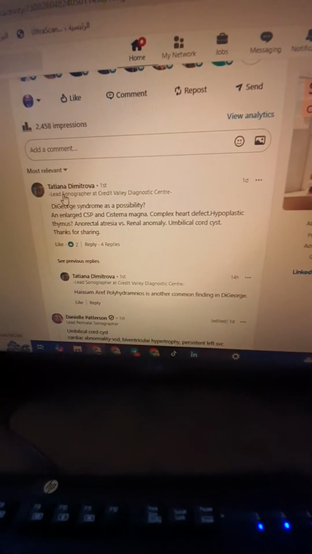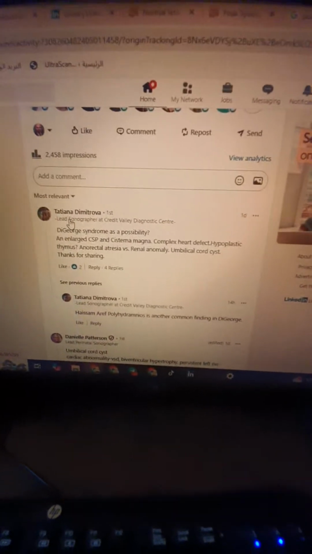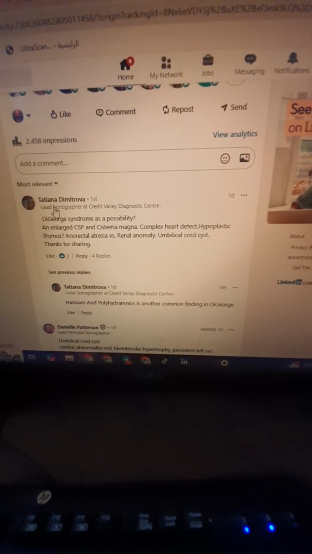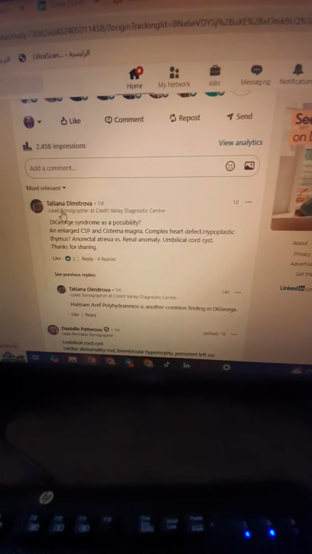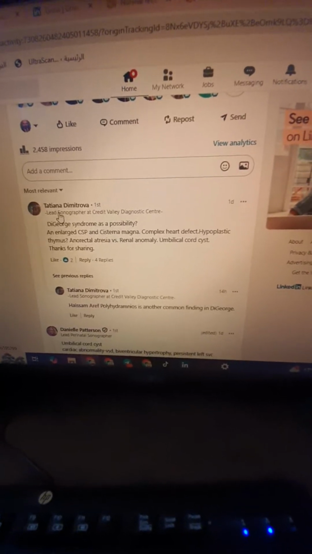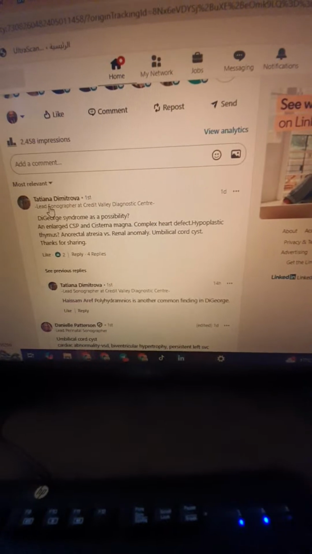So DiGeorge syndrome is a very good possibility because of the small thymus. Enlarged CSP, cisterna magna, complex heart defect, which is persistent left superior vena cava and an inlet VSD, hypoplastic thymus.